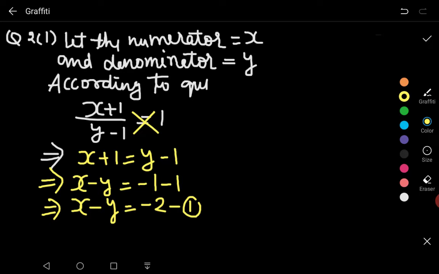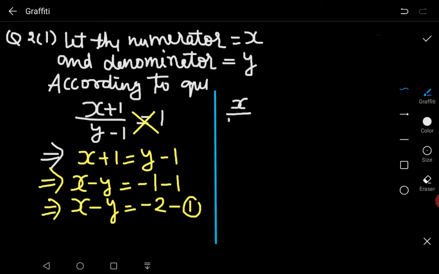Now let us take the second situation. And what is the second situation here? In the second situation it is given that the numerator will remain the same, and you have to add 1 to the denominator, and then the fraction becomes 1 by 2.